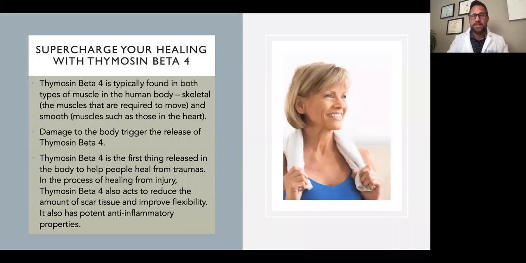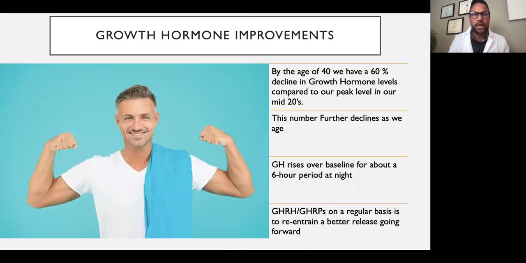And some of these peptides, like thymosin beta-4, have been shown to trigger the release of healing properties in your body, like stem cells. They can also reduce scar tissue, improve flexibility. Thymosin beta-4 also has potent anti-inflammatory benefits. I notice when I use thymosin beta-4, I recover much quicker from my workouts.